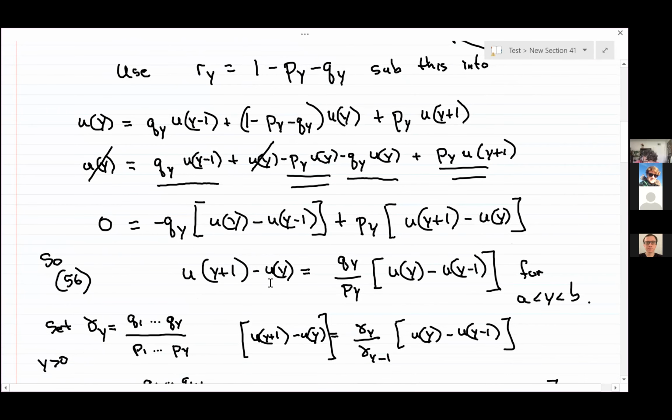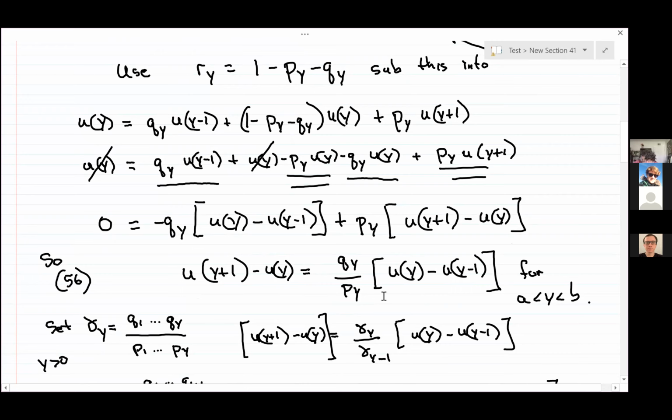And you come up with this relationship, that the function you're looking for is a function u of a difference, u(y+1) minus u(y). If you reduce the argument by 1, these differences are related to these differences by constants. q_y and p_y are constants. So that's a key observation.